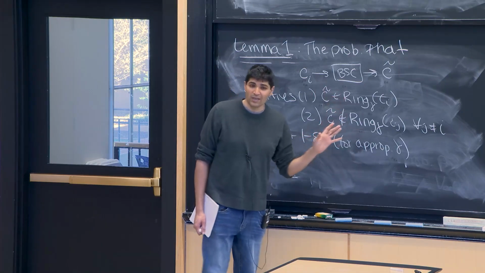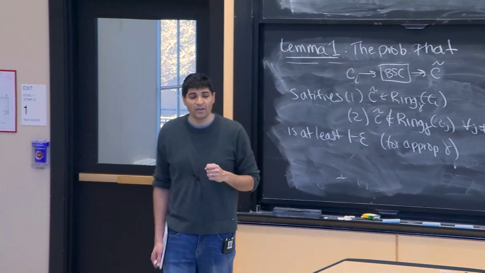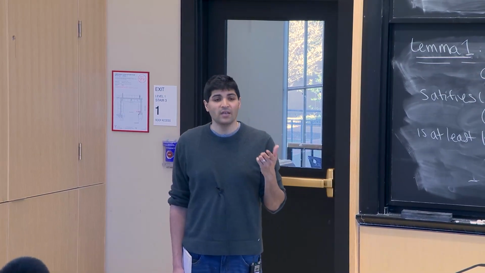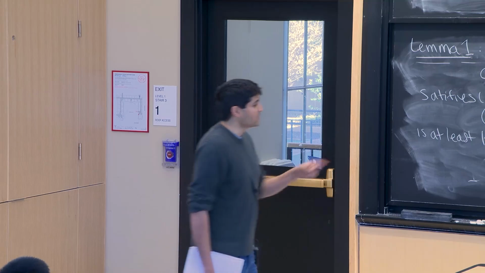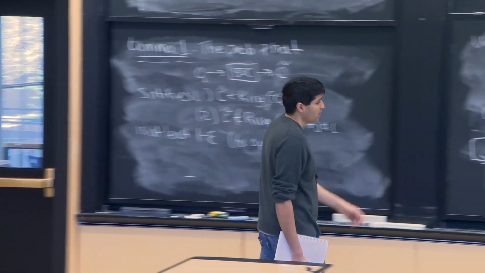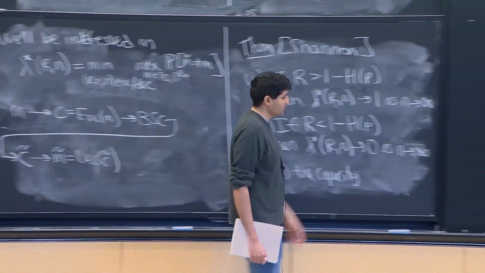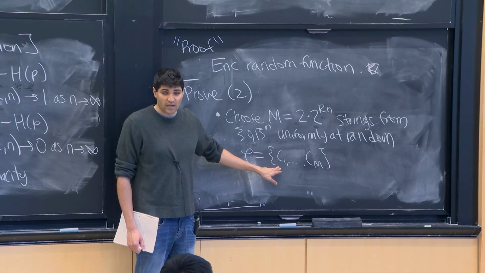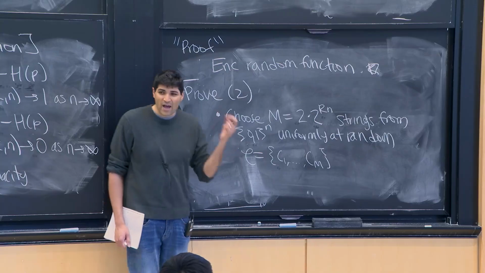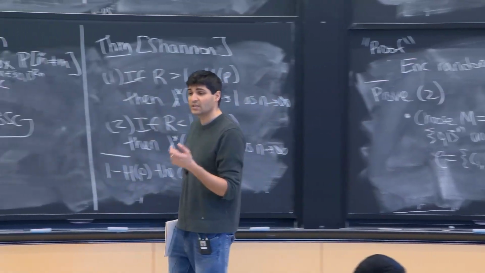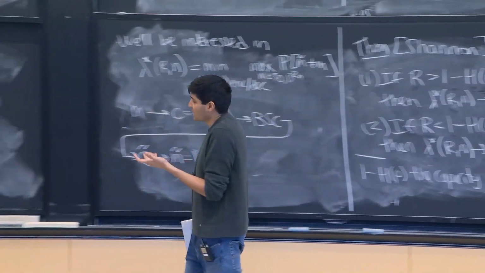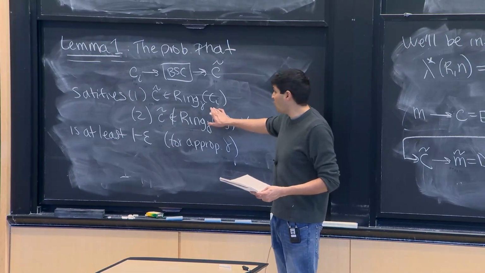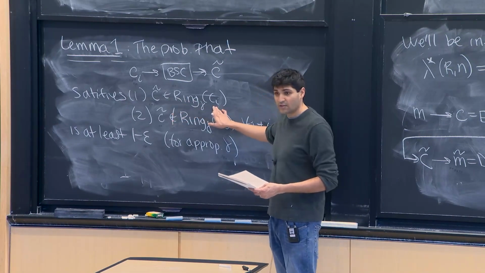So if this event really did happen with all but vanishing probability, I would be in great shape because it would give me my decoding algorithm. So once I've chosen this encoding function, where each of the messages, the 2 to the Rn of them, goes to a random image, one of these Ci's, then all I have to do is I pass my Ci through the channel, I receive C tilde, and my decoder is just going to check one by one each of the messages in my codebook, which ring C tilde belongs to.